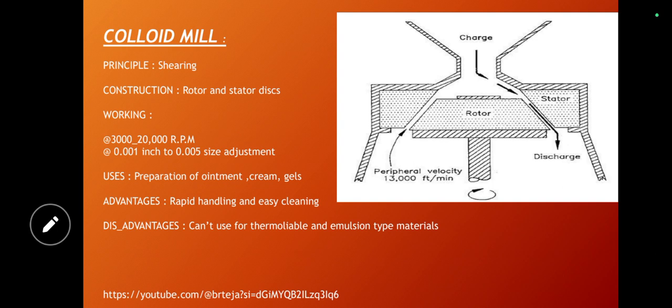What are the uses of the colloidal mill? Preparation of ointments, creams and gels. These are for external use, for example some gels, creams and ointments. This is the use of the colloidal mill. Next, advantages of the colloidal mill: rapid handling and easy cleaning.